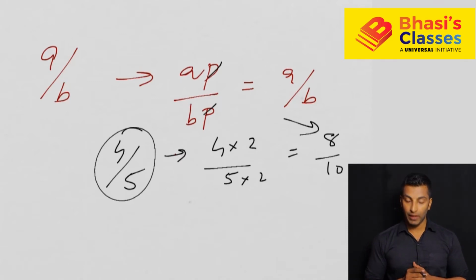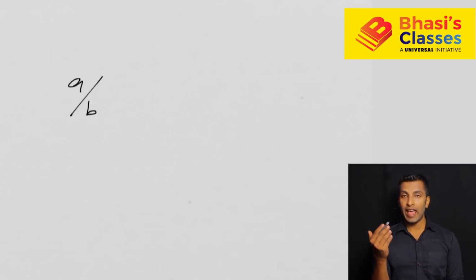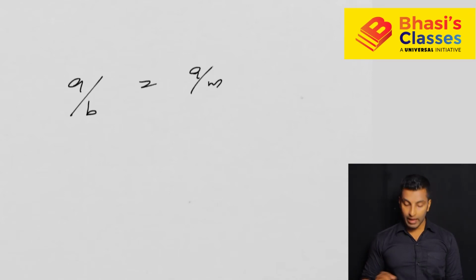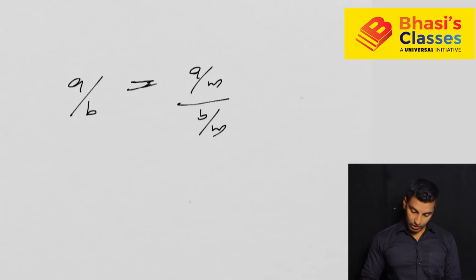That's the property. And in the same way the reverse, it's like you have a ratio A by B. Now if you divide A with a number and divide B also with the same number, then the ratio will be the same. It's like you divide A by M, then you divide B by M, so these two will be equal, because this is getting cancelled out anyway. So let's suppose you have a ratio 4 by 6.